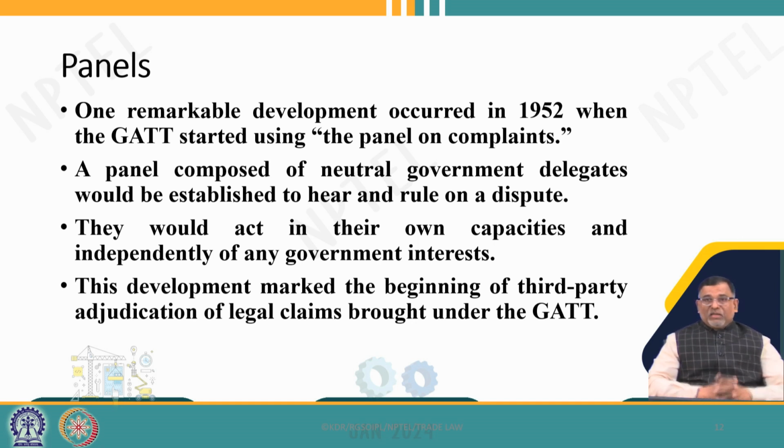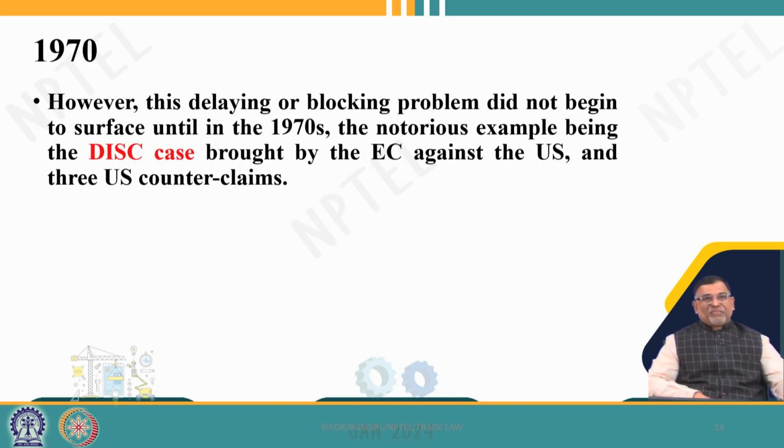So, the evolution started: independent persons became the panel members, and they started independent reports. This is actually how third party adjudication started. The earlier system was that the parties were also part of the adjudication. So, third party adjudication started from 1952 by the constitution of panels.